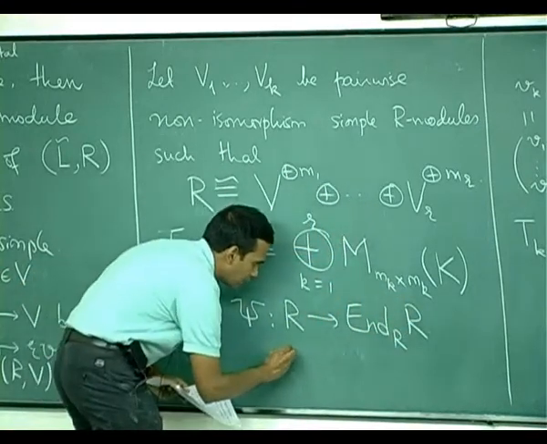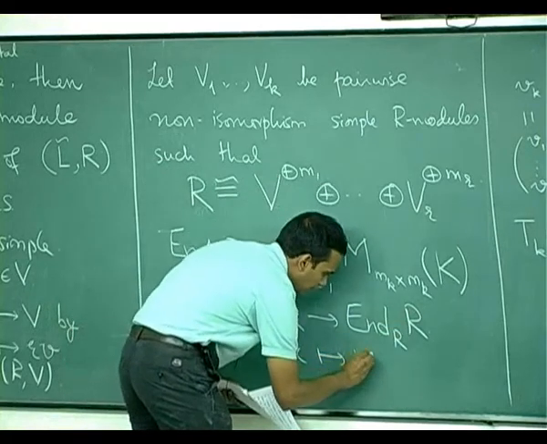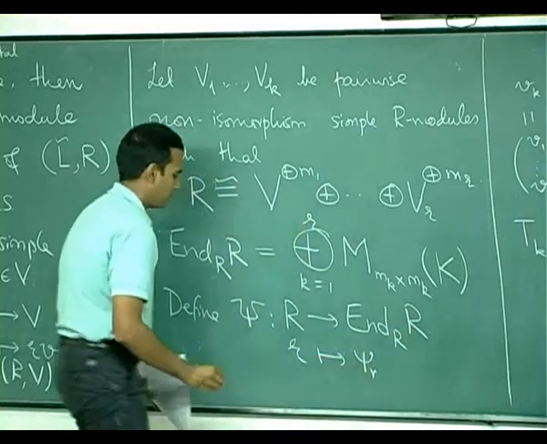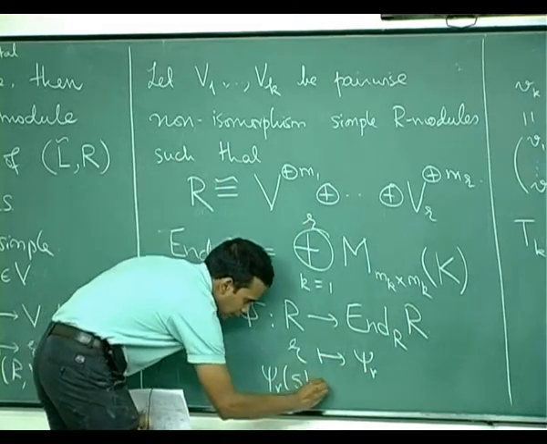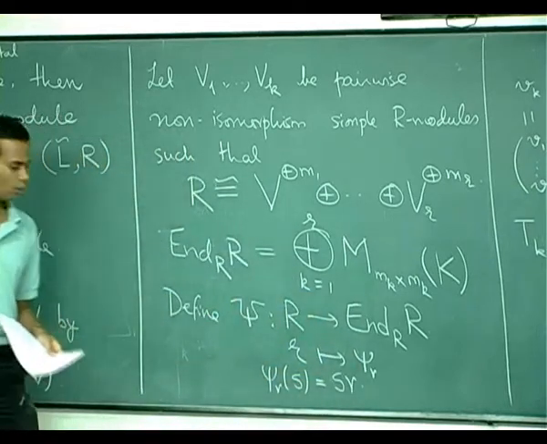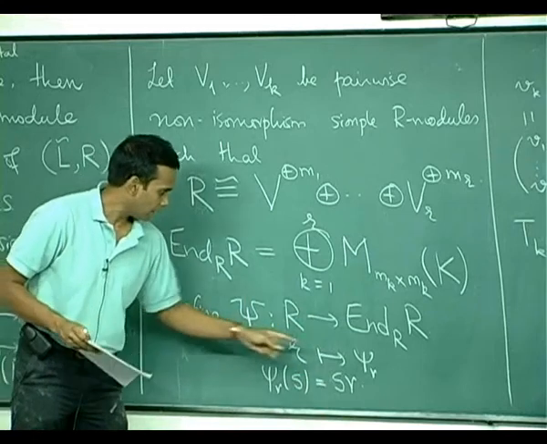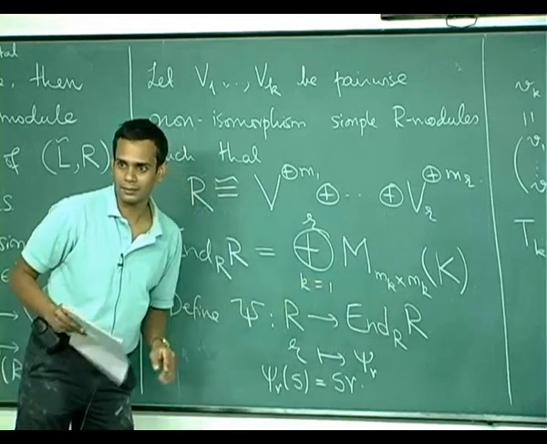That means r goes to psi_r, where psi_r(s) is equal to s times r. Okay, then you can check that this psi_r is indeed an R intertwiner of R.